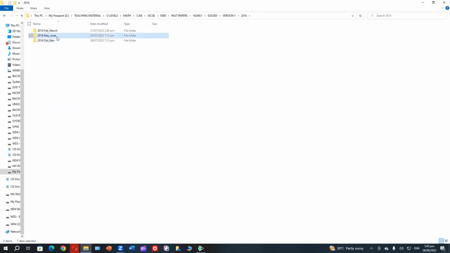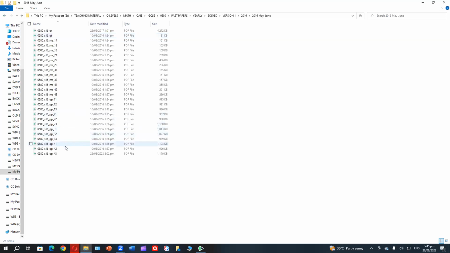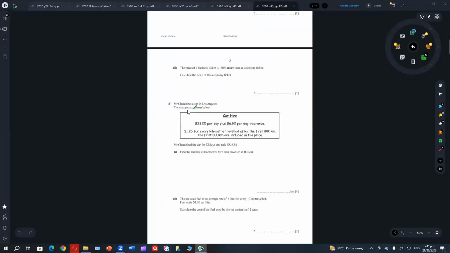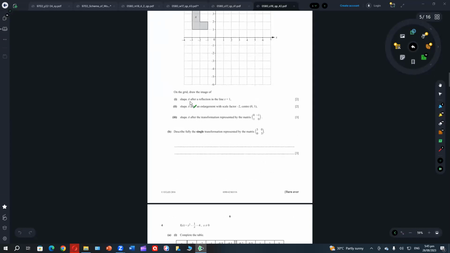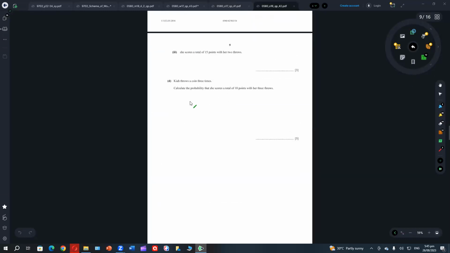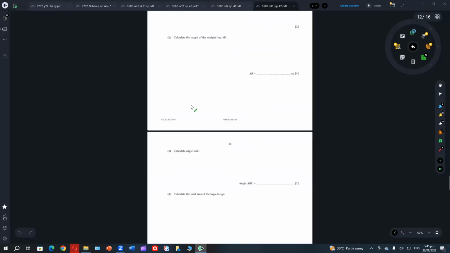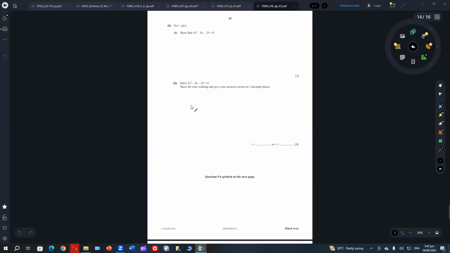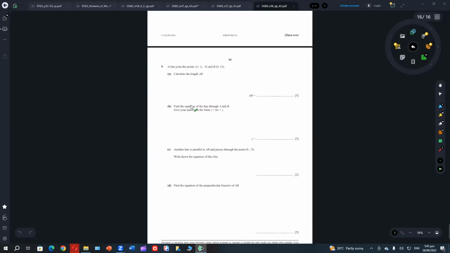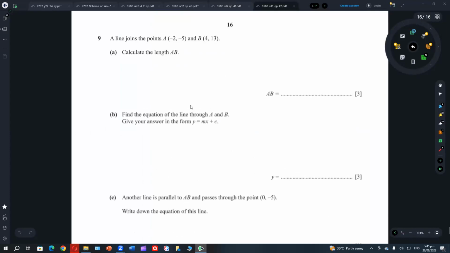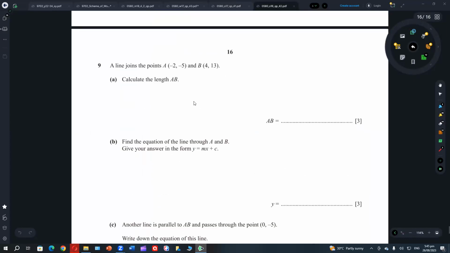Question 9. A line joins the point this and this. Calculate the length of AB.